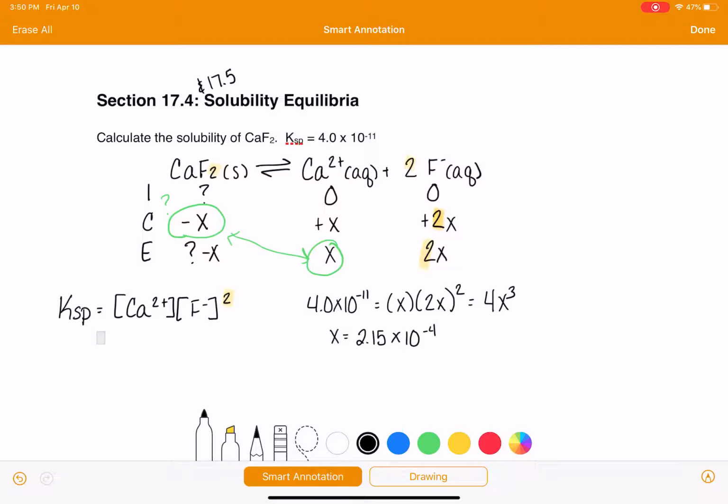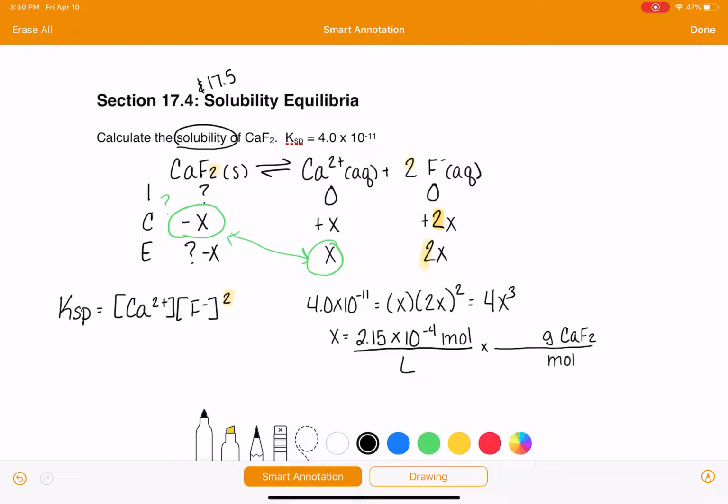Remember, the default unit on an ice table is molarity, or moles per liter. This problem wants solubility, which is grams per liter. So that means that we need to do a unit conversion, getting rid of the units of moles, converting into the units of grams for calcium fluoride, CaF2.